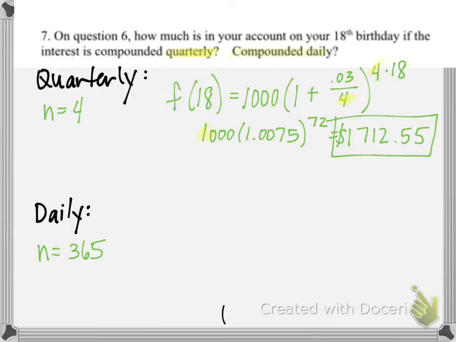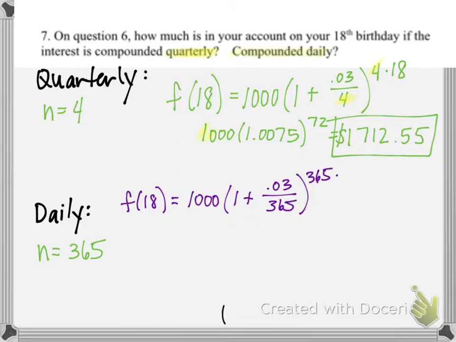Then if it's compounded daily, same process, but now I use 365. So f(18) equals 1,000 times 1 plus 0.03 over 365, raised to 365 days times 18 years.